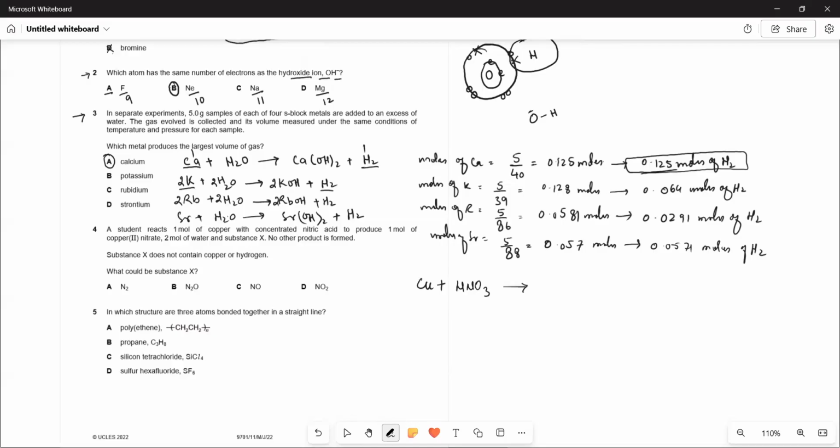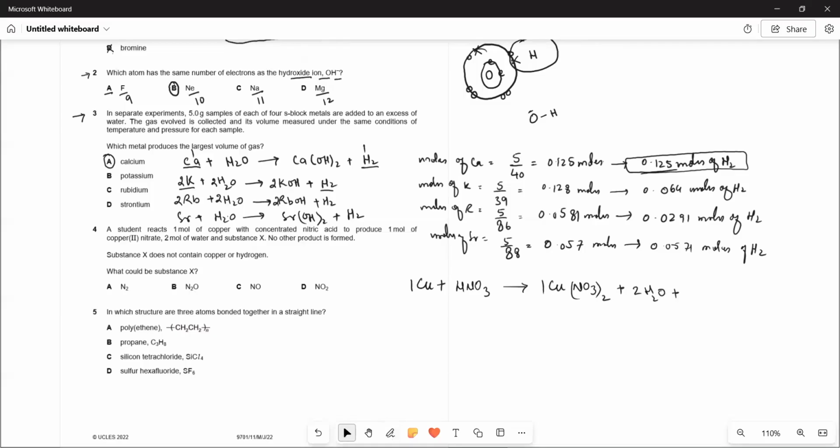And giving us copper 2 nitrate, 1 mole. And they have given this information as well, 2 moles of water.